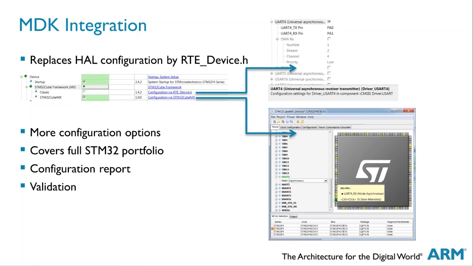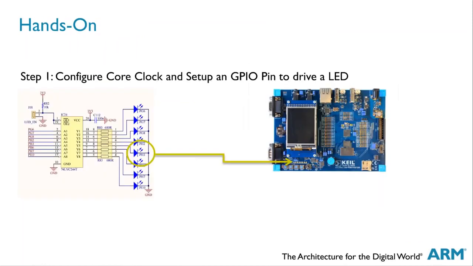So as hardware for our hands-on, I selected a board out of the Keil evaluation boards range, but the idea is that the hardware you're using will be your custom hardware or any hardware. All you need is the schematics to it, and you'll know which device is populated on the board.